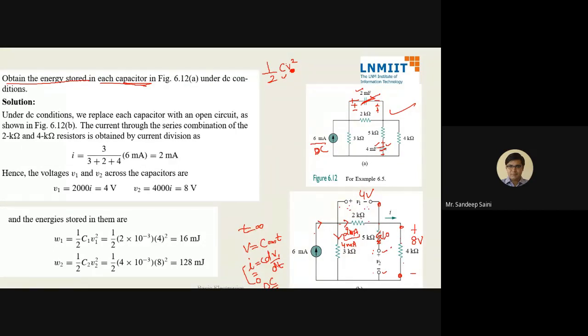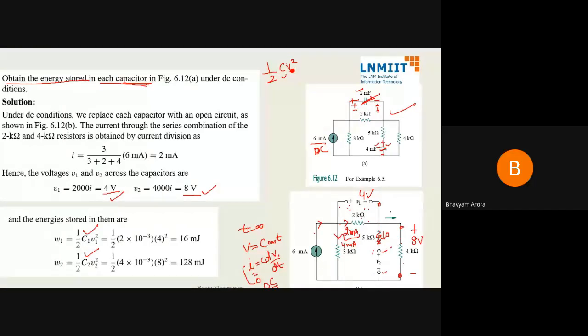Is this also clear? So V1 will be 4 volt, V2 will be 8 volt. After that, you can calculate W1, W2, and all.